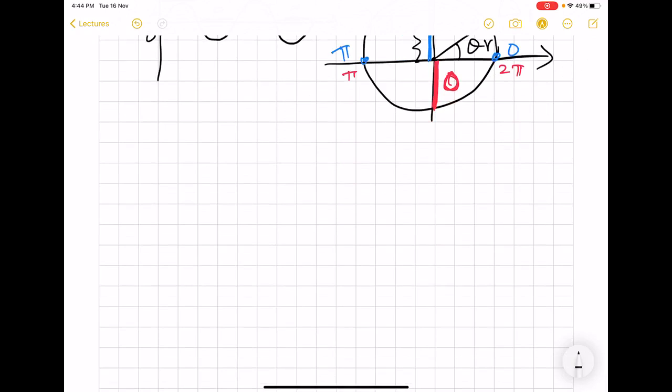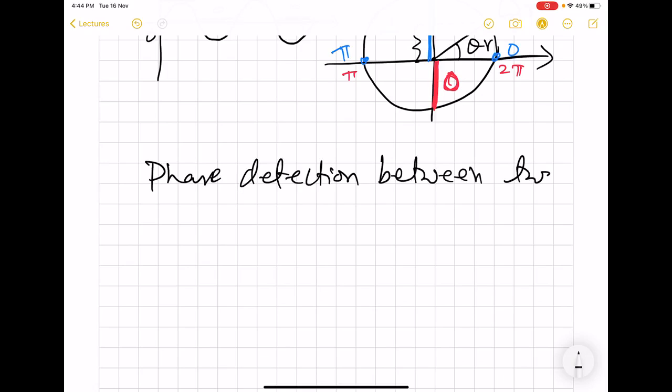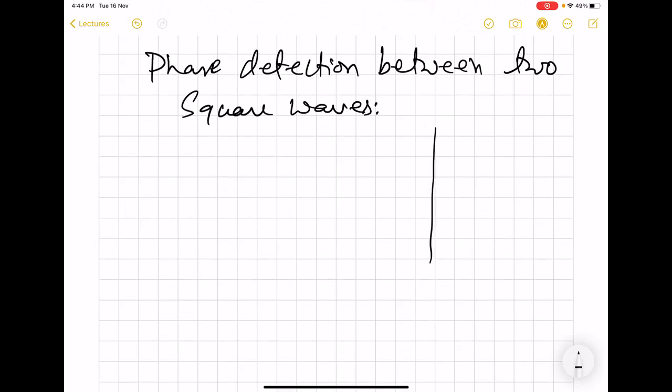And then we will take one specific digital circuitry and try to interpret its output for the detection of the phase error.